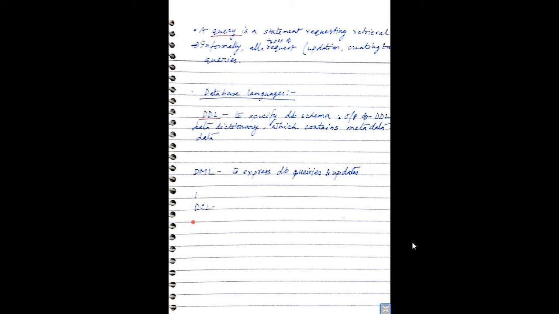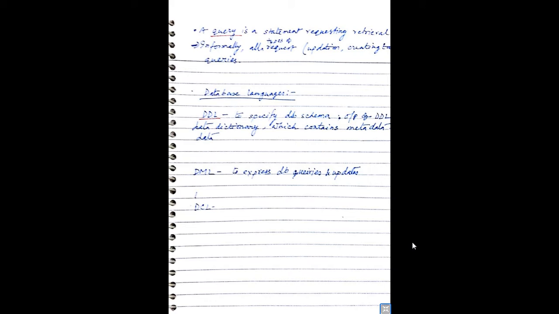Obviously, when you are inserting data, the instance of the table will change. When we delete data, the instance of the table will change.